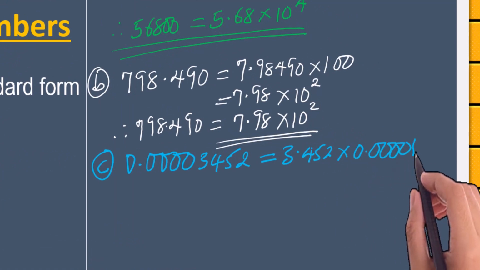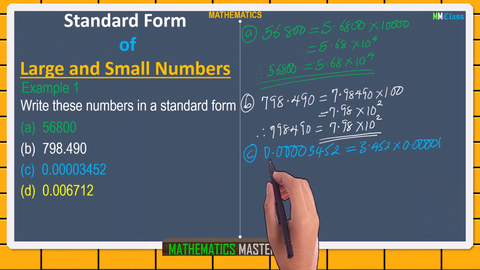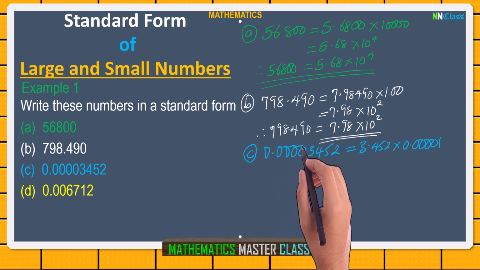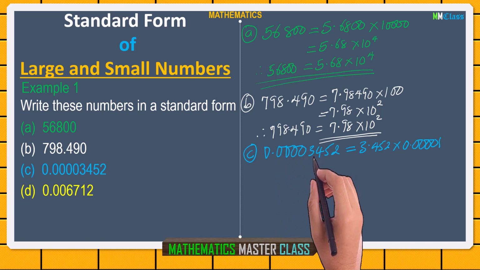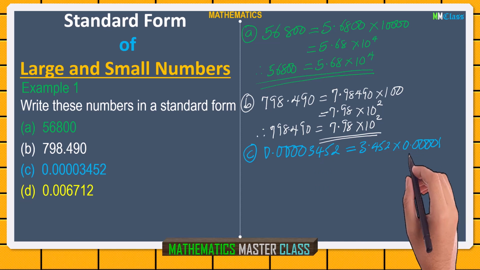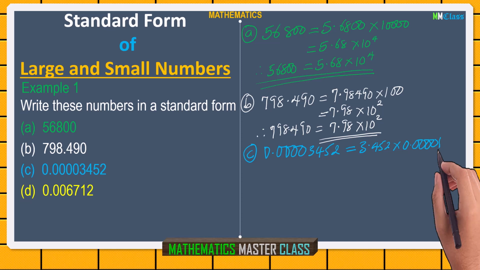So how many zeros do we have? 1, 2, 3, 4, 5. So we have 5 zeros, or if you want to go the other way, 1, 2, 3, 4, 5. So you have moved the point 5 times. So that's why we are having this 0, and it is a sign that it is a small number, because you are having a leading 0 before the significant number.